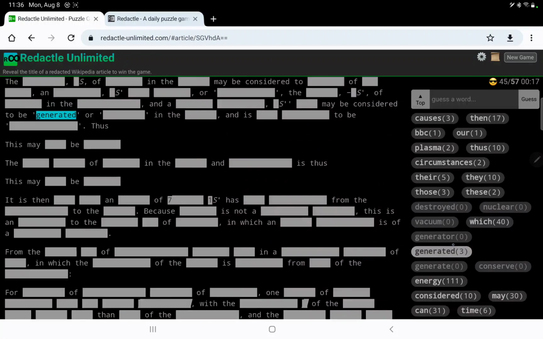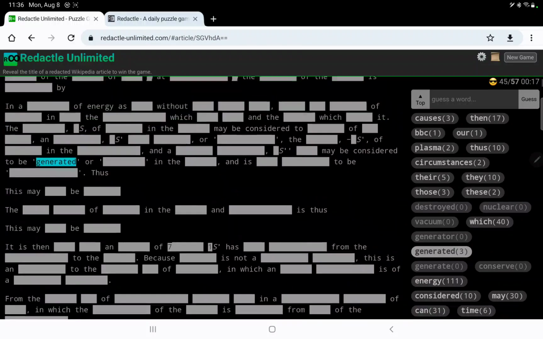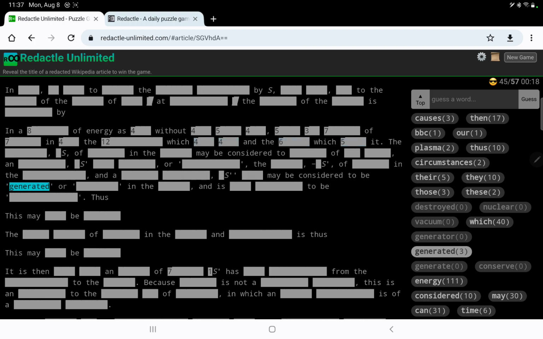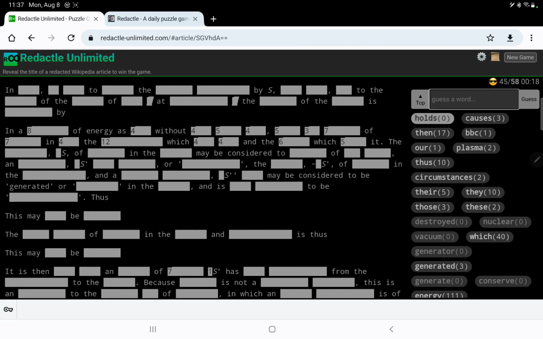Okay, what's some other words? Generated. Okay, in a something of energy as 4, which I think is our word, without 4, 5, 4, 5, 3, 7 of 7 in 4, the 12 which 4, 4, and the 6 which holds it.